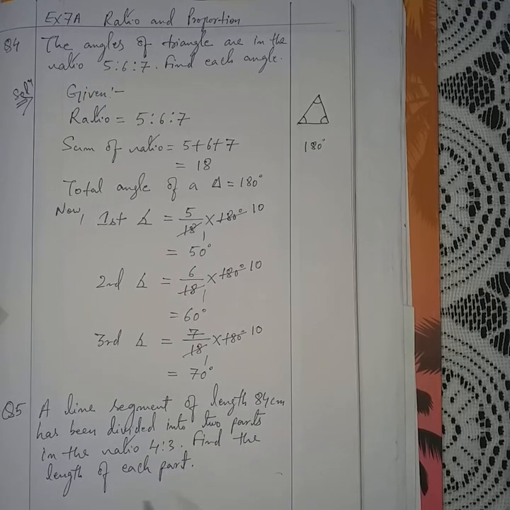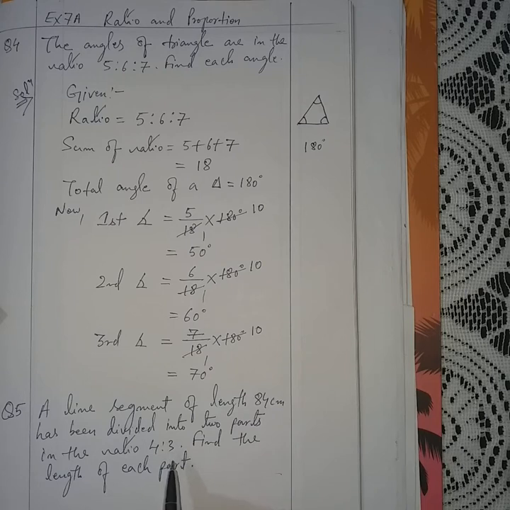So here what is given: the ratio is given and the total length of the line segment is given, and we have to find the length of each part. The line is divided into two parts in the ratio 4:3.